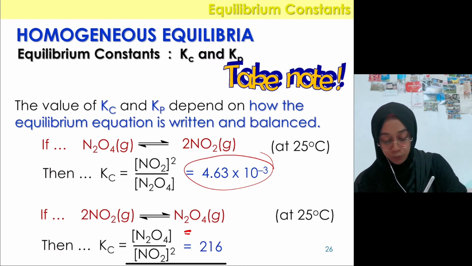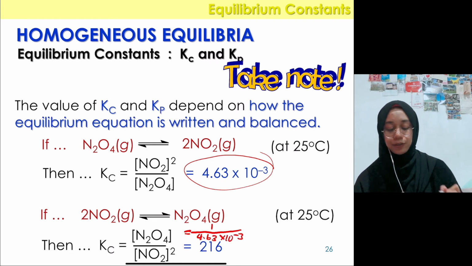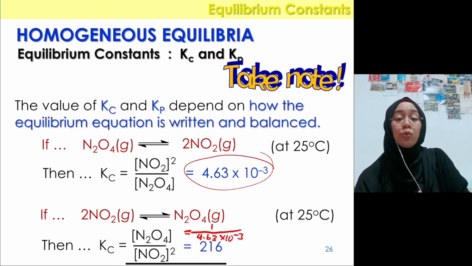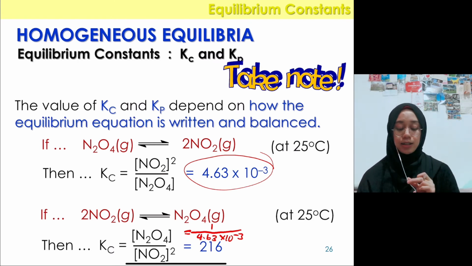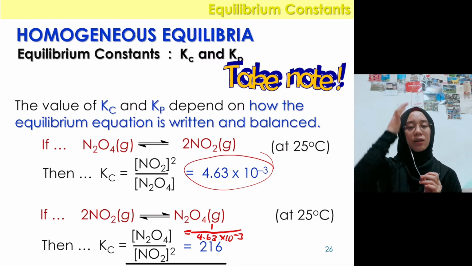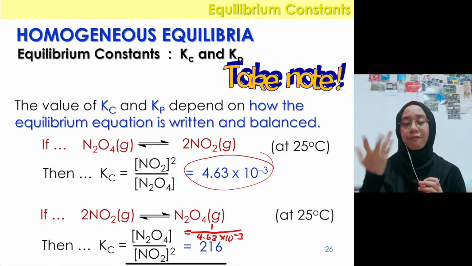So to get this 216, it is actually 1 divided by the original K, 4.63 exponent negative 3. Therefore, you will get 216. Okay, so that is your new KC after you flip the equation. So we get 216. But next one, let's have a look at the one where it multiplies with a factor.